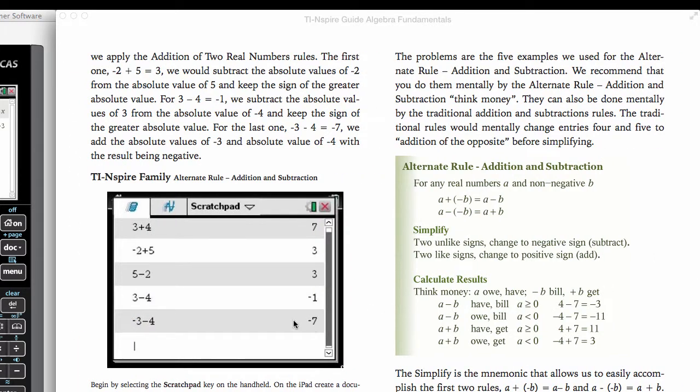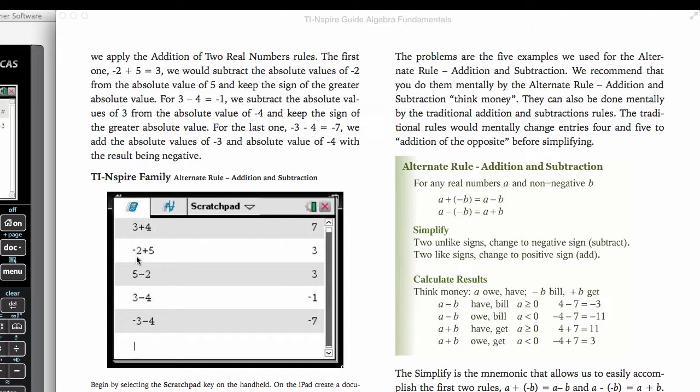What we're going to deal with then is working problems out directly in simplified form instead of making them more complex. If we have $3 and we get $4 more, we end up with 7, traditional addition.